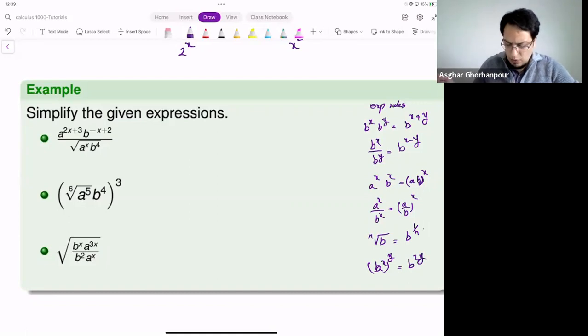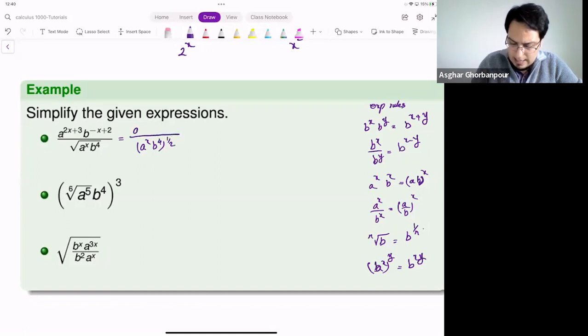Well, I will do just one or two of these to show you how this works. For example, I'll first start working with the denominator. This is a to the power x, b to the power 4, to the power half, and a to the power 2x plus 3, b to the power minus 6 plus 2.